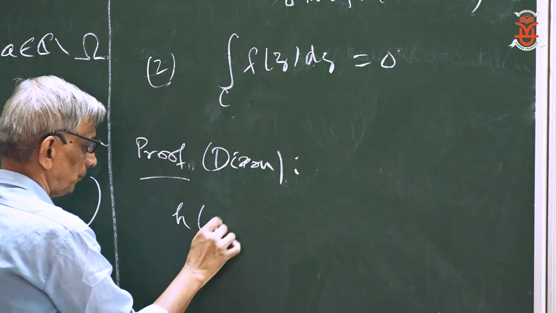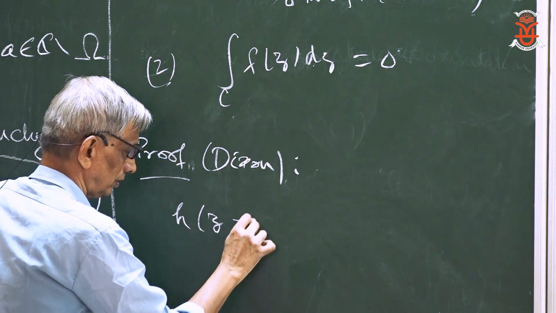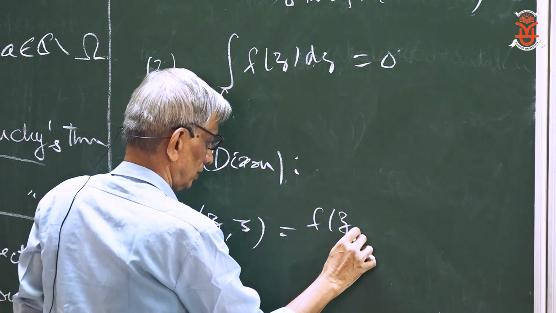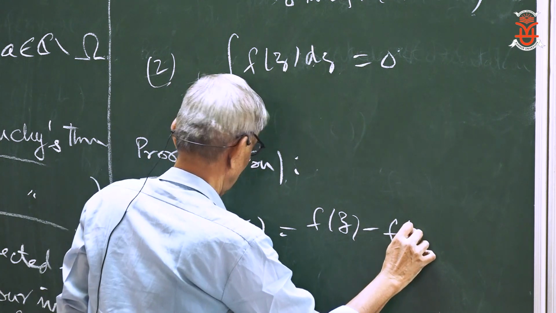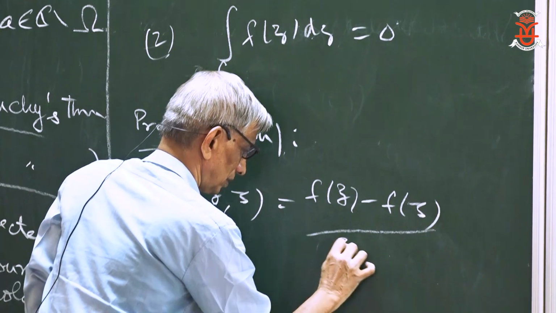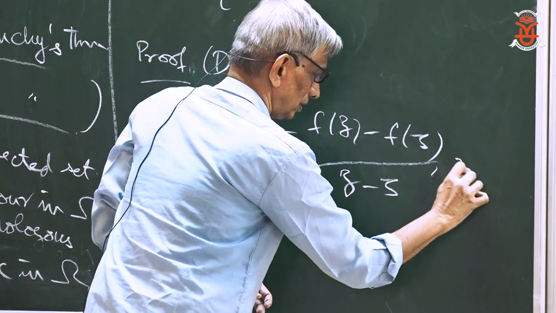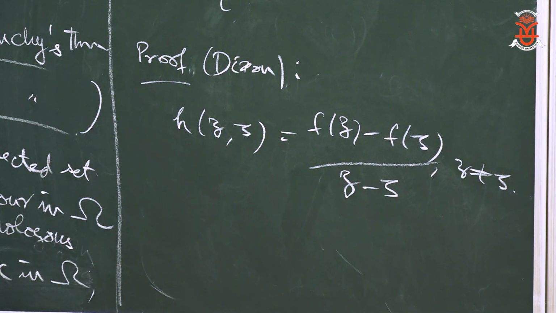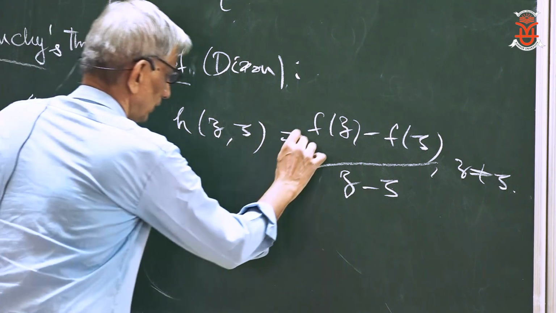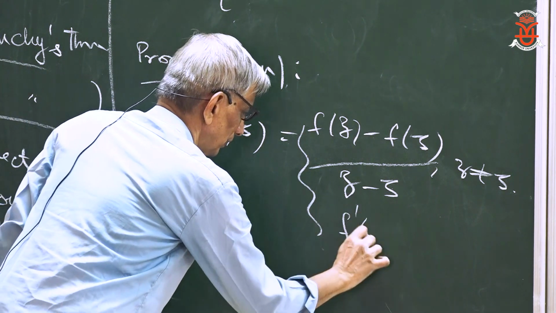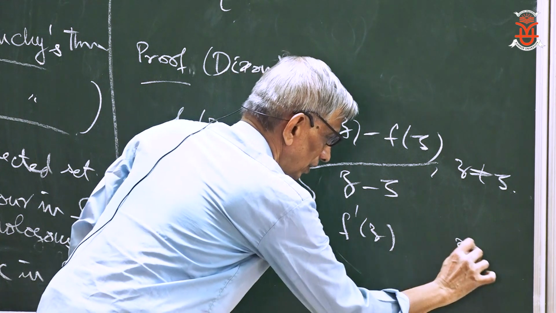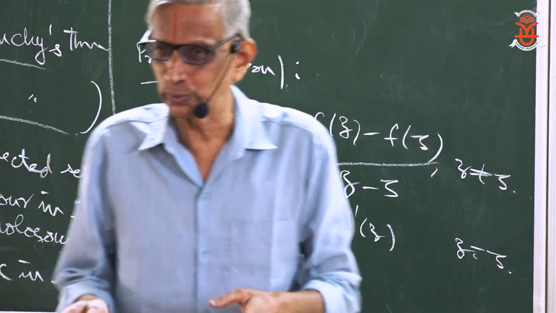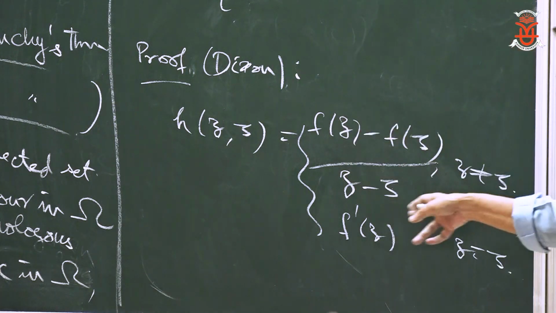So define g. Everything is in the domain; I will not write all that. The essential trick is to view this as a function of two variables.